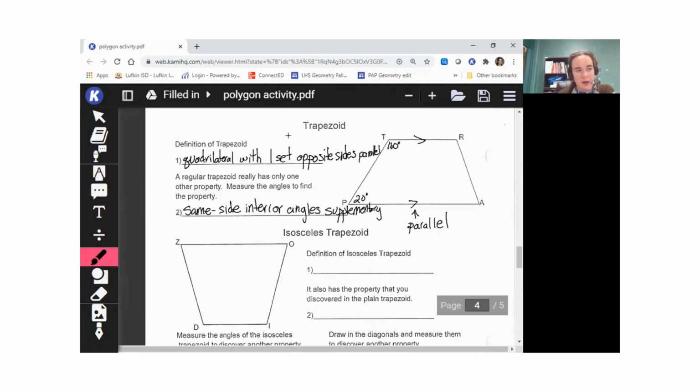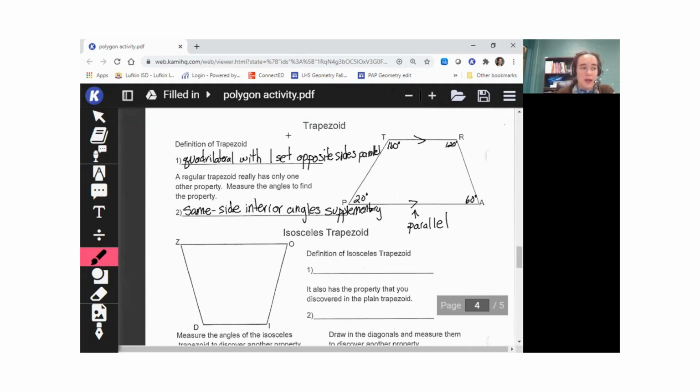And if R was 120 degrees, it would mean that angle A was 60 degrees. Now notice that these are not the same supplementary angles because segment TP and segment RA are not necessarily congruent in just any kind of trapezoid.